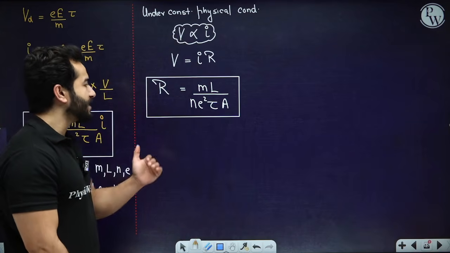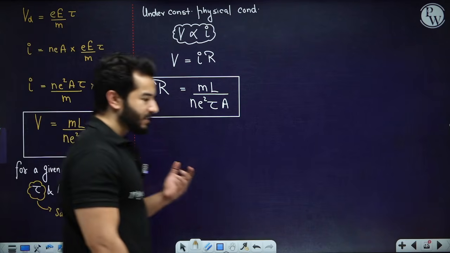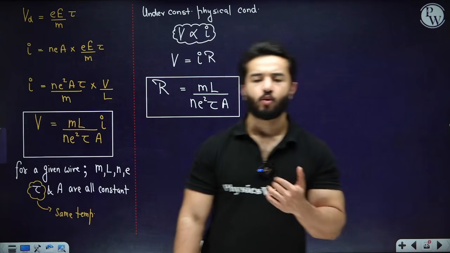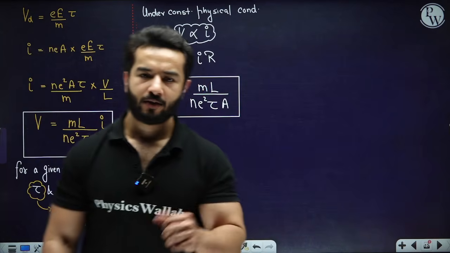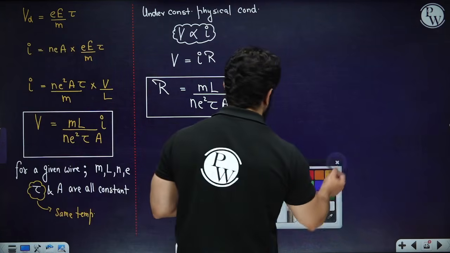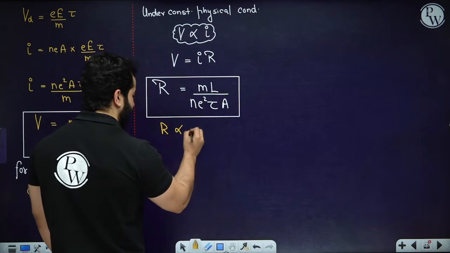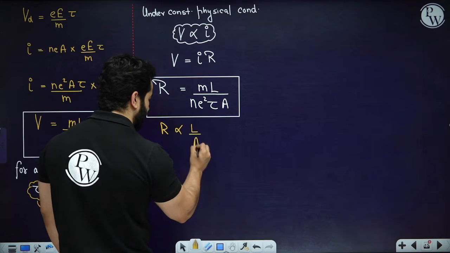What is resistance? Resistance is the property of a material to offer hindrance to the flow of current. Also we know that resistance directly depends upon the length, and inversely depends upon the area.